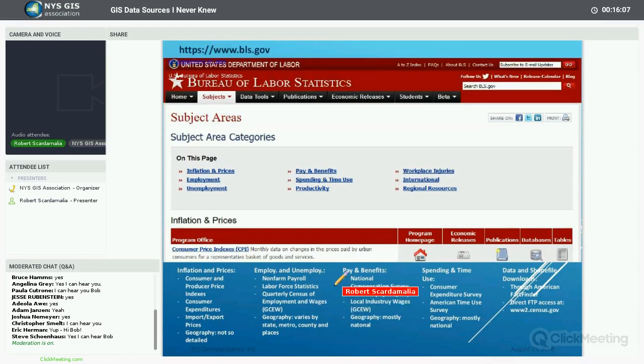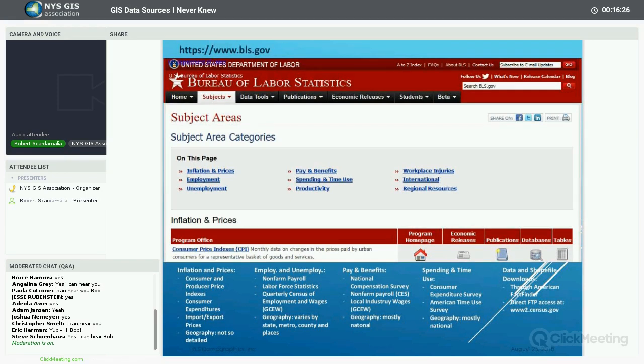Employment and unemployment are somewhat straightforward, but they come from different sources, and you have to pay attention to that. Non-farm payroll comes from actual business reporting, not survey data on unemployment. The quarterly census of employment and wages is just that.